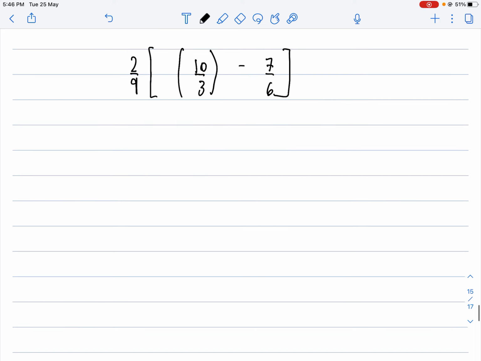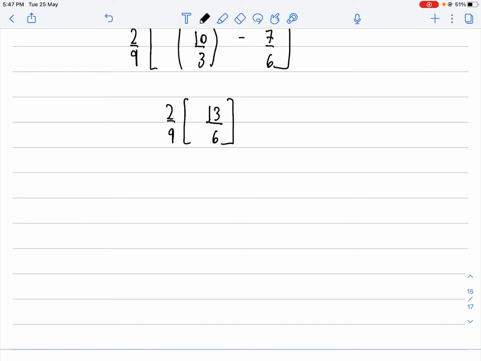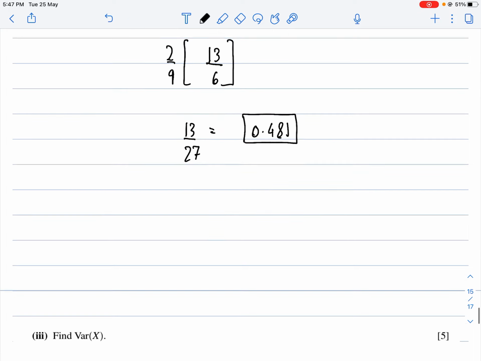So now I can write this as 2 over 9 into 10 over 3 minus 7 over 6, which will basically give me 13 over 6. So I can simply solve this on the calci: 2 over 9 into 13 over 6, which will give you 13 by 27, which in decimals will give you 0.481. It's the final answer of your question.